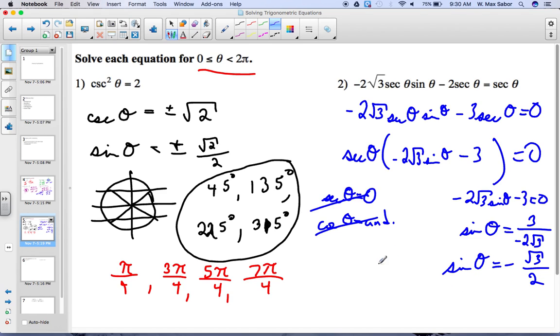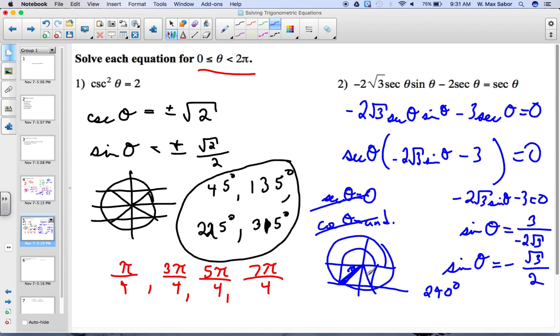And then let's see, where is sine of theta equal to negative square root of 3 over 2? That's down here. So it's 60 degrees away from the 180, so that's 240 degrees.